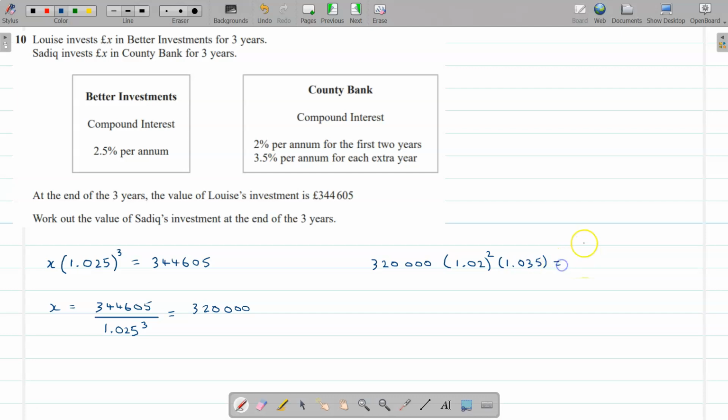And when we put that in, we get the value of the investment, which comes out to be 344,580.48. Okay, finish, and it finishes exactly there at the 2nd decimal place. So that is how much he has at the end of that investment. Okay, and that's the answer.